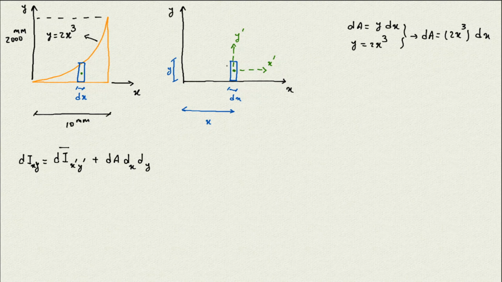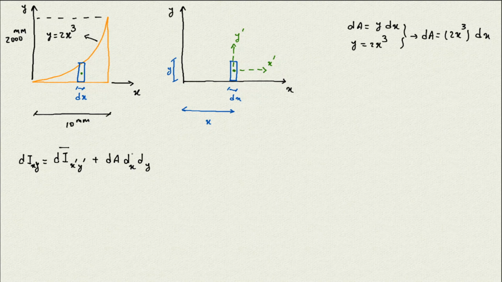One more time, assume we only have this rectangle here, and we want to calculate the product of inertia for that rectangle. That rectangle has a width of dx and a height of y, and this is how we calculate it. These are just the names we give. First of all, it's a rectangle. Because it's a rectangle, it has symmetry about the x prime and y prime axes, so both of them are symmetry axes.